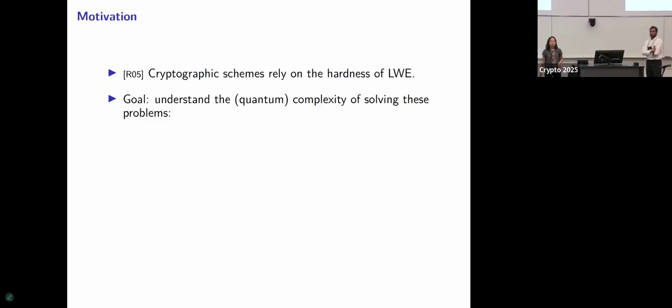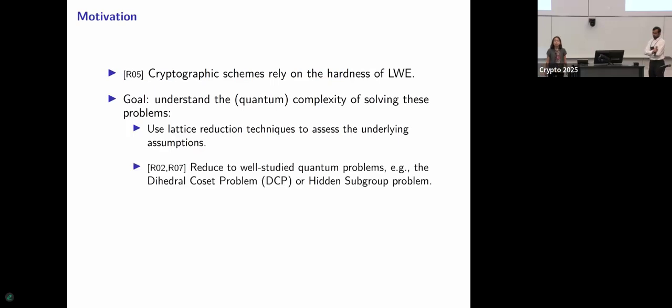There are many approaches to try to understand the hardness of learning with errors. The first approach is to reduce learning with errors to some lattice problems such as the approximate shortest vector problem, and then use lattice reduction to assess the underlying assumption. Another approach is to reduce it to some well-studied quantum problems such as the dihedral coset problem or the hidden subgroup problem.